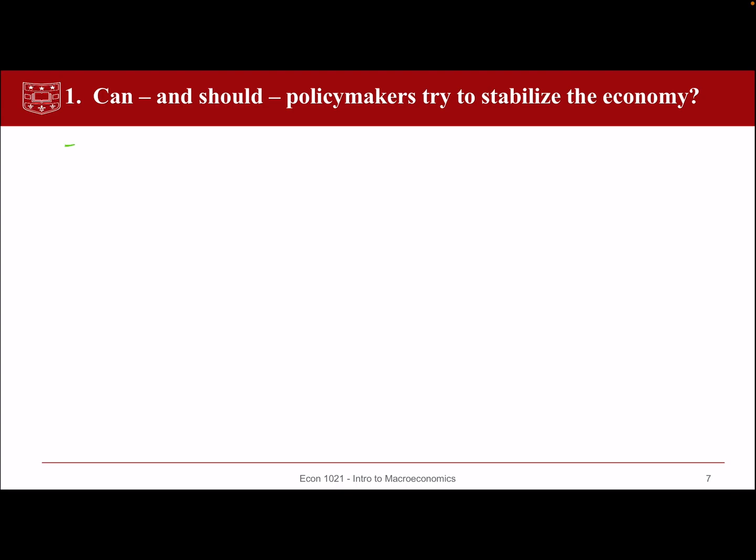Well, in this context, we talked about the idea of forecasting errors and incomplete information that make it difficult in real life to think about what kind of expansionary fiscal policy or expansionary monetary policy we should apply.